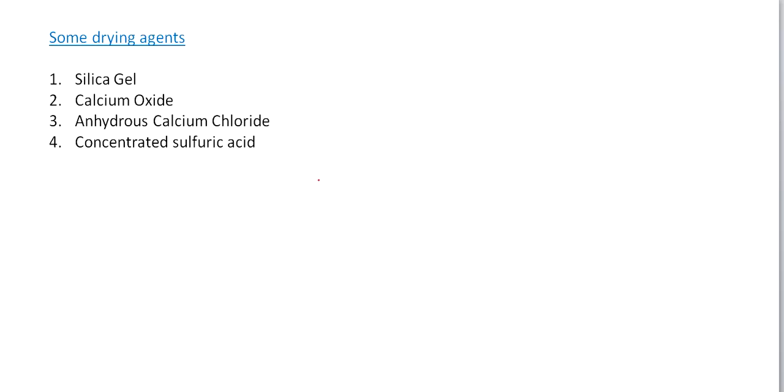Now, there are several drying agents that we use to dry gases. We have silica gel, and you should be familiar with silica gel. Sometimes when you buy a new pair of shoes, you see this little packet that is there.